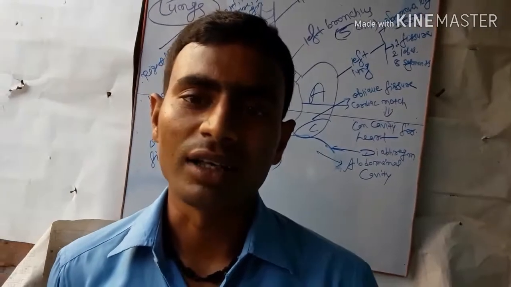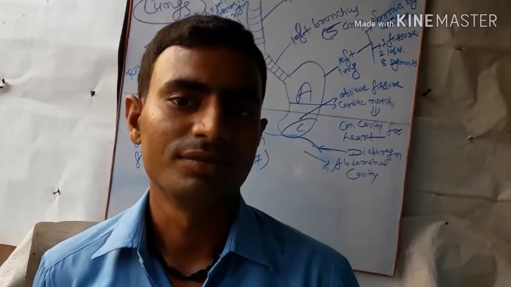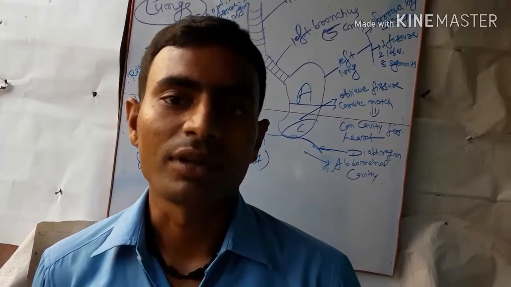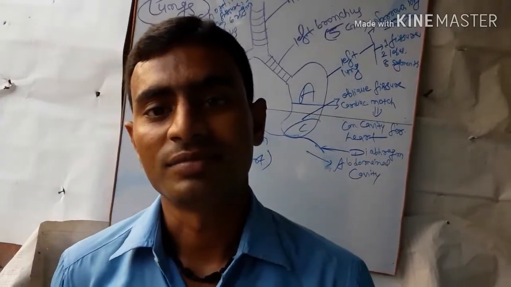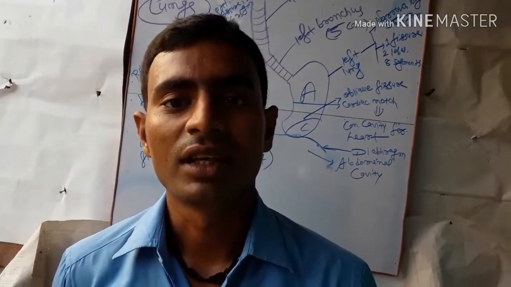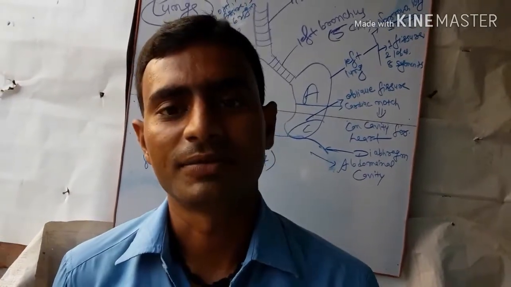In the previous classes we studied the trachea. The trachea is present at the 6th cervical vertebra, and between the trachea there are cartilaginous rings that are C-shaped and incomplete.